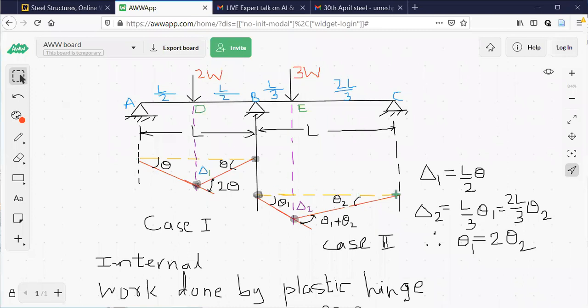In case 2, on this side you can see at C, in case 2 at C also I have not shown any plastic hinge. Because if you go wrong in estimating the number of plastic hinges, the formula will be different. So why is there no plastic hinge at A here? Any answer?